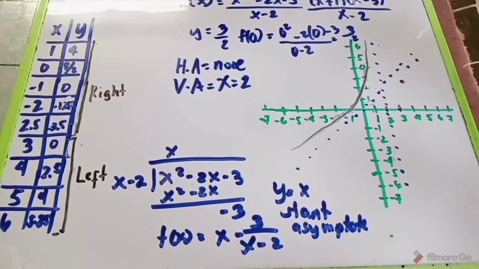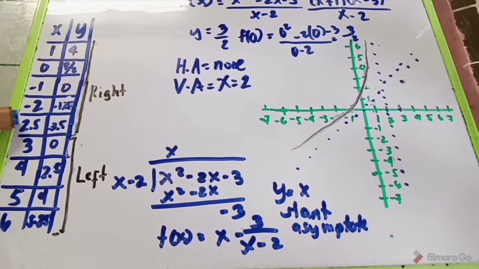And the other one will be 2.5. The other one will be 3, 0. So we have 3, 0, and the other one will be 2.5.